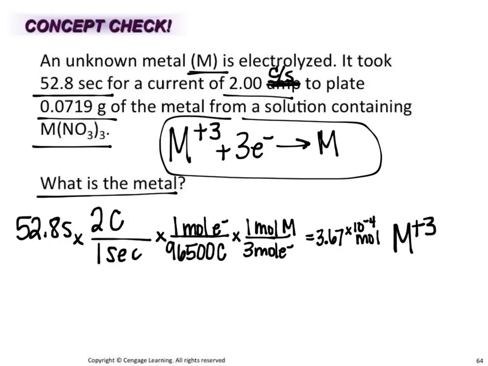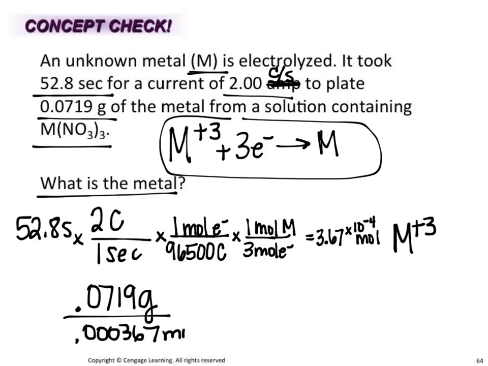Okay, so now how do we find out what the metal is? We have the mass of the metal, which is 0.0719 grams, and we can divide it by how many moles? 0.000367, and get me the molar mass.